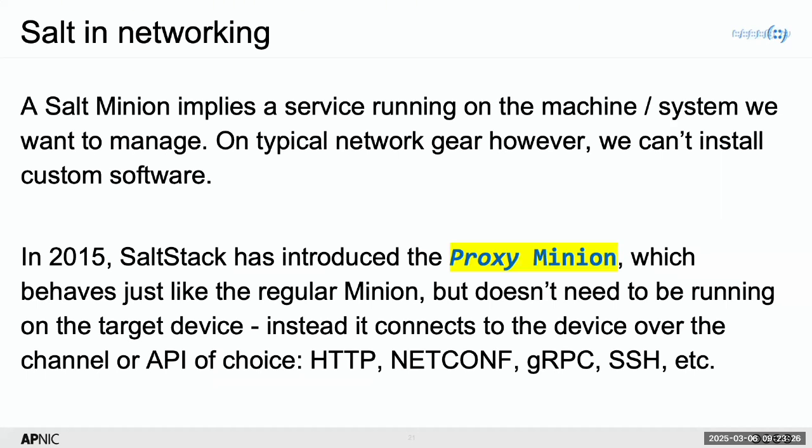In that case, you can have the proxy minion, and this proxy minion can talk to the device using HTTP, NETCONF, SSH, and gRPC. These are different protocols it can use to communicate with the device, execute the command, get back the feedback, and share it with the master as well.